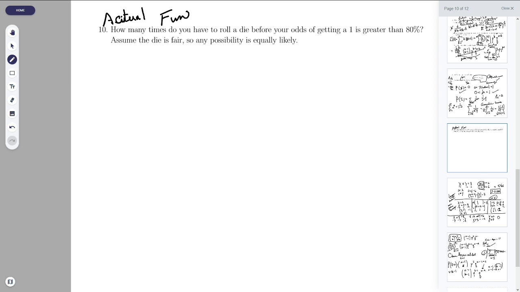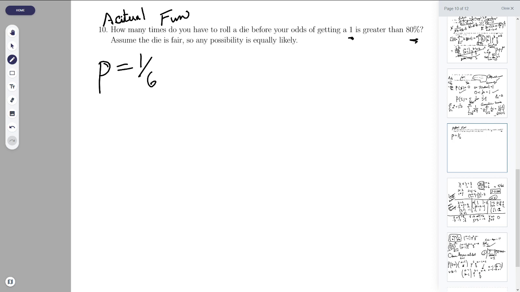Okay, so let's look at this thing. How many times do you have to roll a die before your odds of getting a 1 is greater than 80%? So, okay. This is what we're going to do. We know that the probability of getting a 1 on a die, if the die is fair, is 1 out of 6.